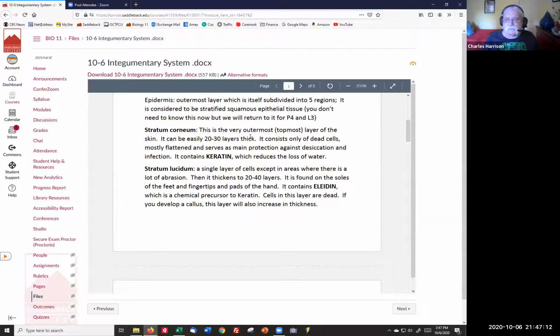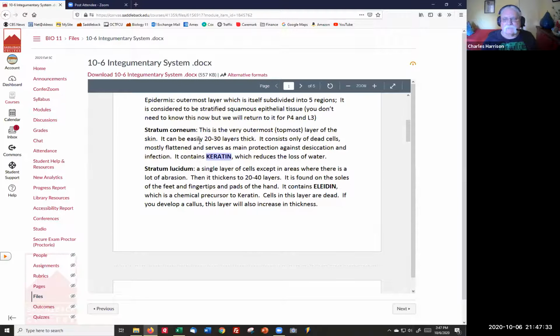It's your main protection against abrasion. It has within it, and it's highlighted here, keratin, to reduce the water loss. Now there is going to be a picture putting all these together, so we'll work towards that picture.